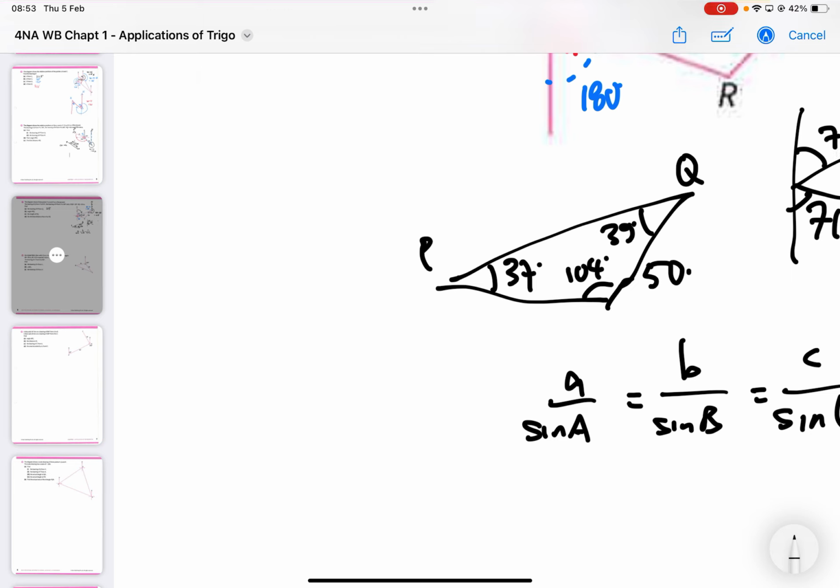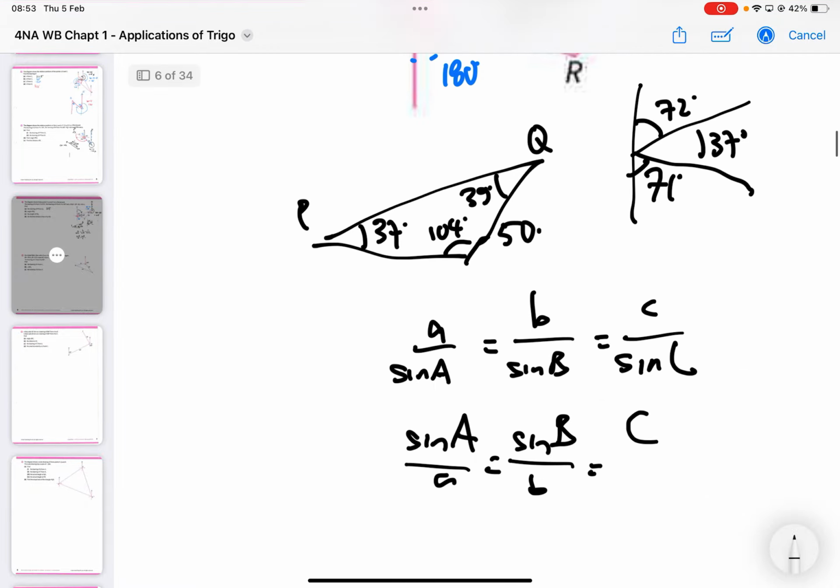I will put this side that I don't know on top, because in sine rule it can be the angle on top, or it can be the side on top. They are both the same. But when I want to find a side, it will be easier for my solution if I put my side on top.